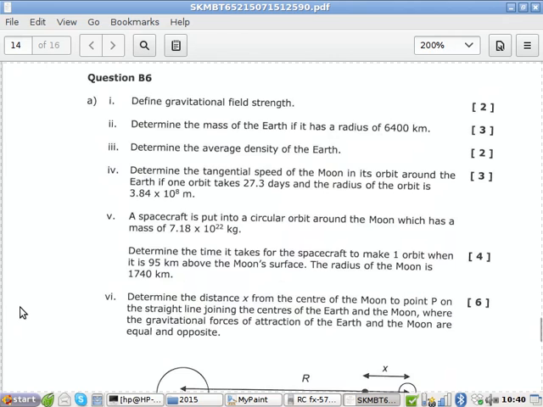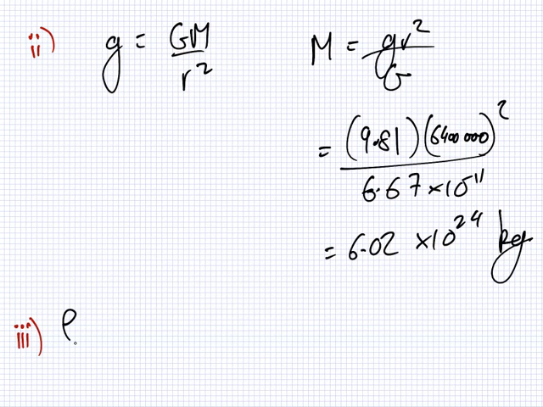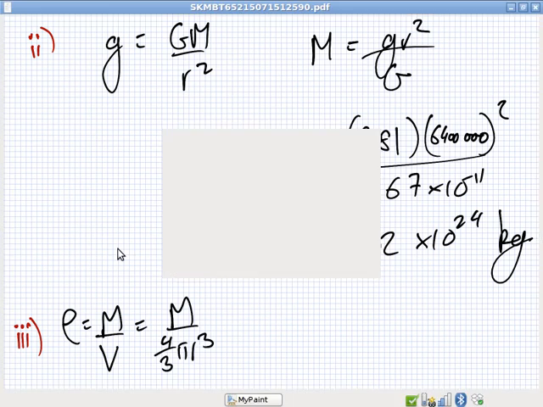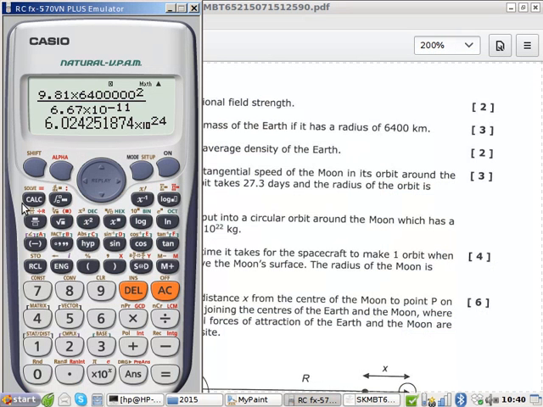What is the density of Earth? Density is mass over volume, which is mass over 4 over 3 pi r cubed. And I have the mass on my calculator already.